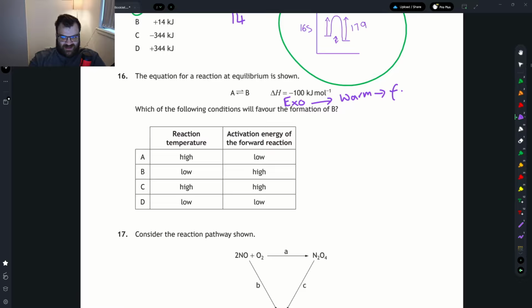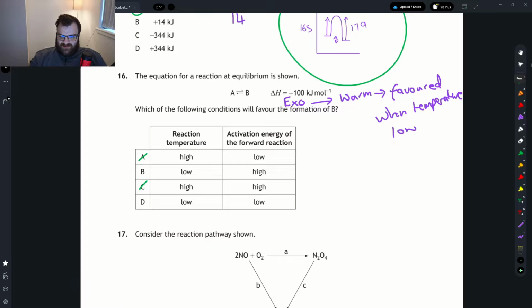When do you need to warm the surroundings? It's favoured when temperature is low, because then that will bring that back down. So we've got low temperature, which means it's either B or D, yep.